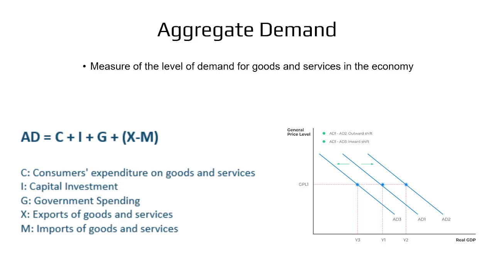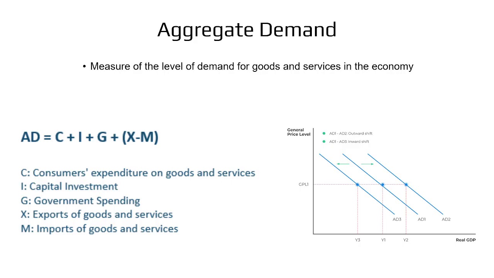And now, arguably the most complicated part of the equation is this X minus M element. Now, it's quite simple, really. It is simply the volume of exports subtracted by the volume of imports into the economy. So it is essentially the overall level of trade in the economy. If there is a greater amount of exports from the economy to foreign countries and foreign consumers, it will have a positive effect on aggregate demand.